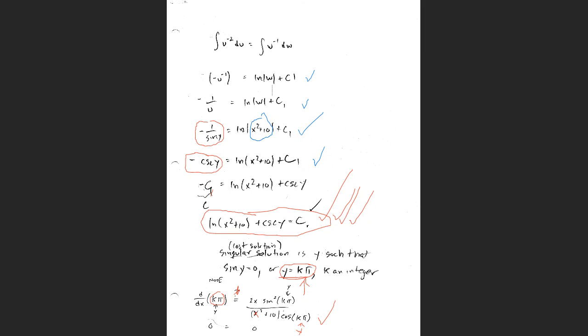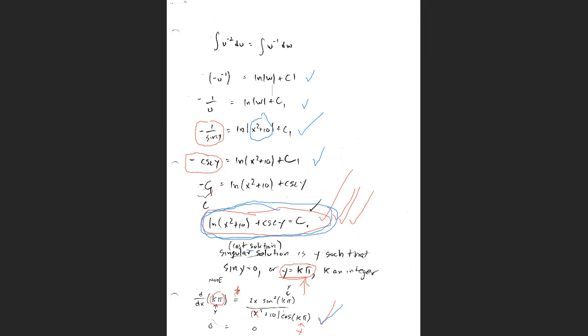So that's the solution that was lost. It's a solution to the differential equation, but yet we don't see it in the implicit solution. So that's what's called a lost solution.